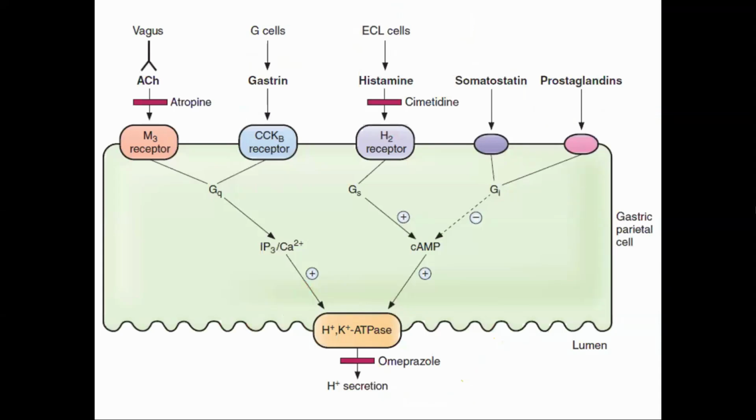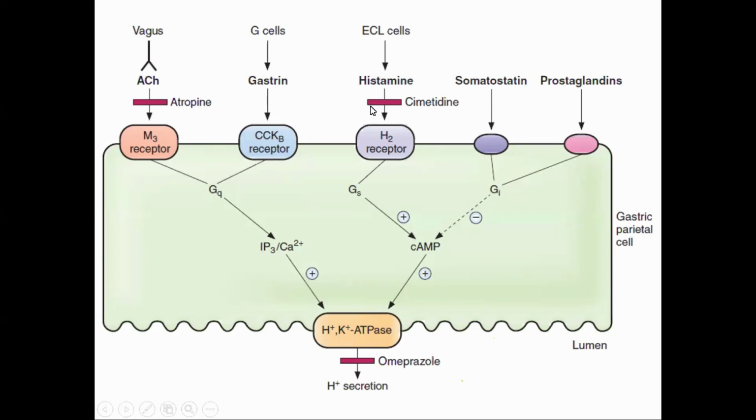So omeprazole inhibits the hydrogen potassium ATPase, right? Atropine inhibits the vagus nerve action; it acts on the M3 receptor. Cimetidine and ranitidine act on the H2 receptor, right?